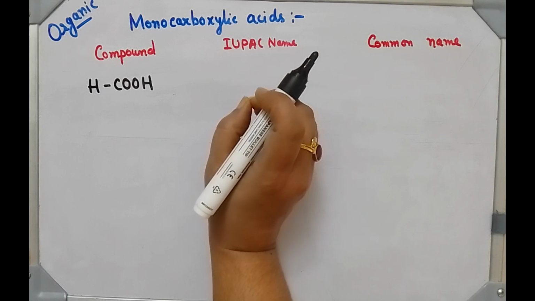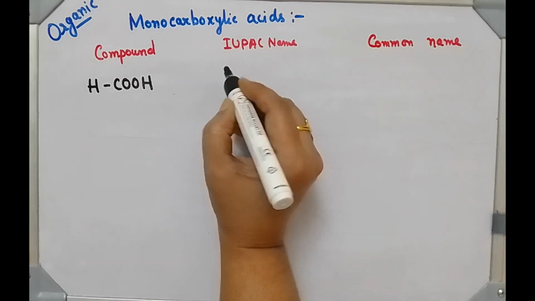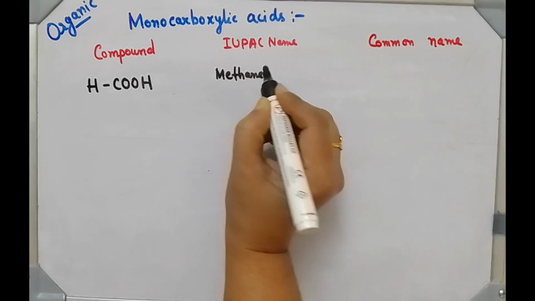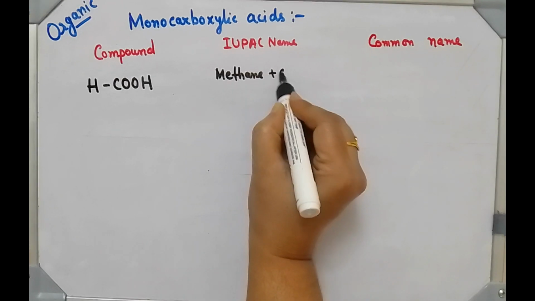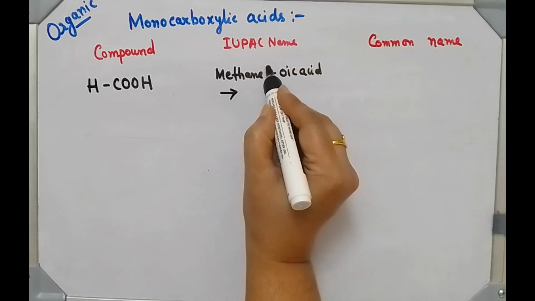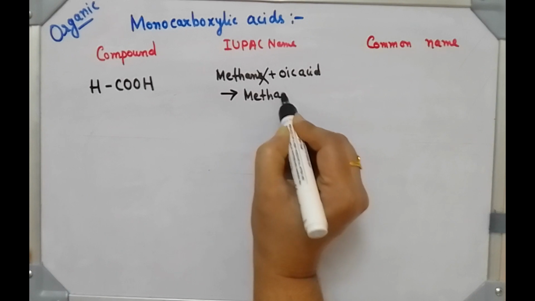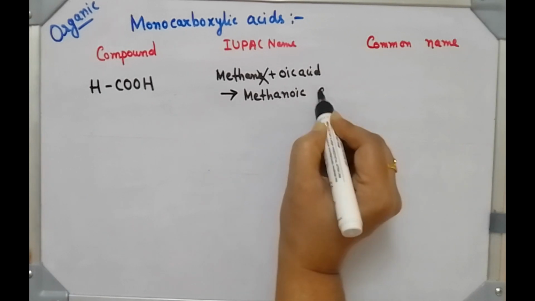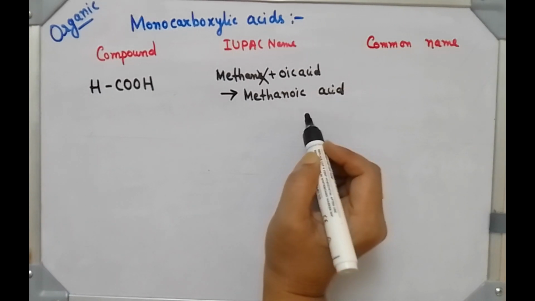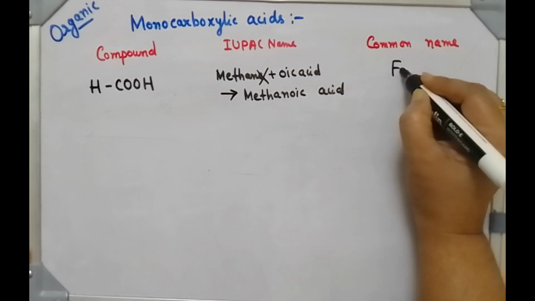The terminal E of methane will be replaced by oic acid, as I told you. So its name will be methanoic acid, and its common name is formic acid.